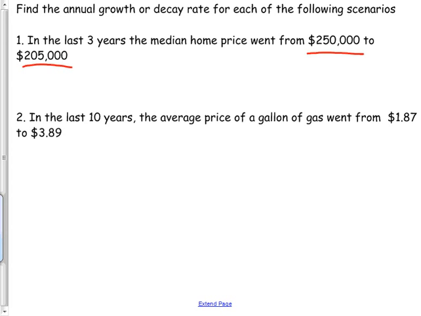Well, we can write an equation for this and figure out how to work with these numbers. So if I have y equals, and starting is 250, and then a 1, and is this going down? So it's minus. And then a rate, I don't know the rate, they didn't tell me. And then the number of years is 3 years.